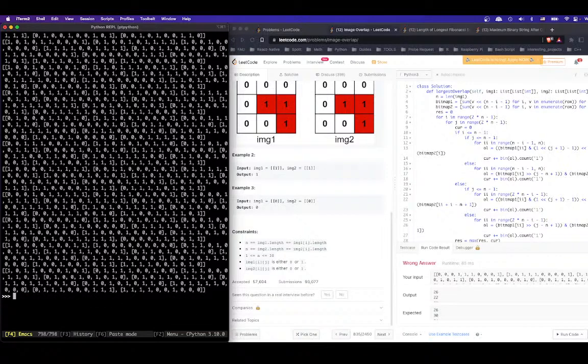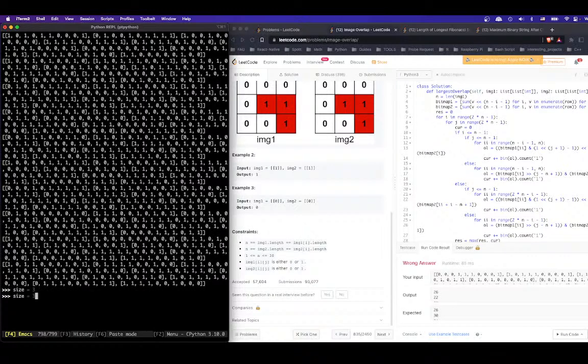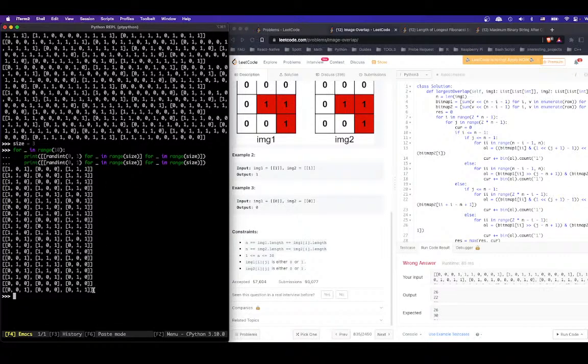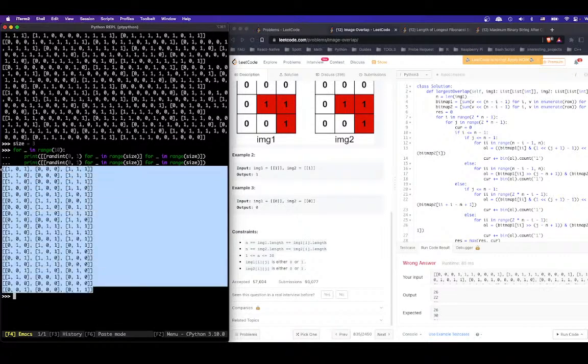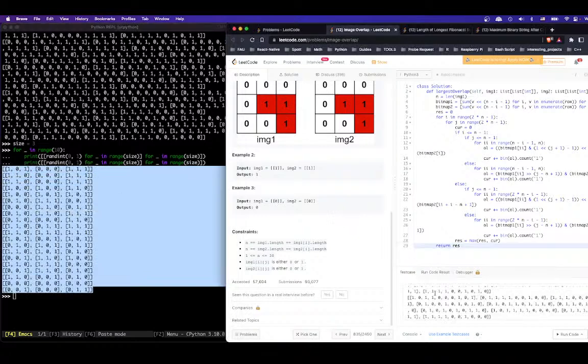We're gonna say size equals 3. Okay, and then this is gonna be size out of this size. There'll be repeats, but it's fine. Now we can see if everything passes here.